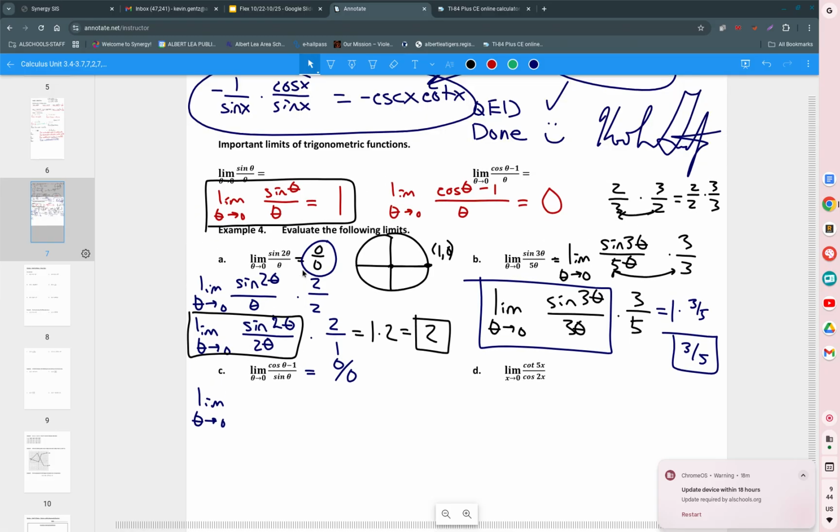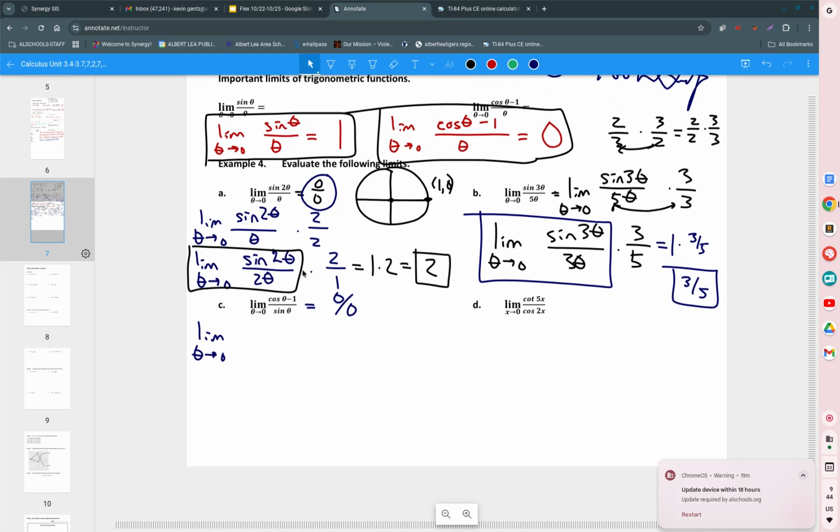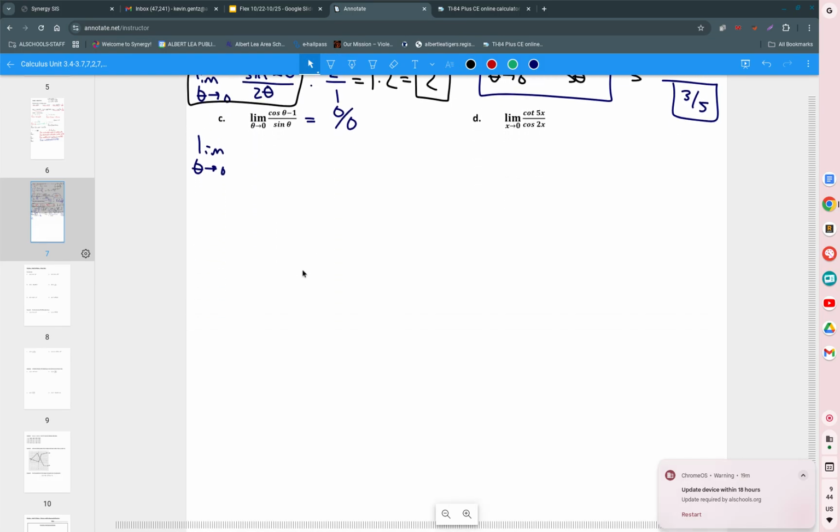Because look, in this situation, I have cosine of theta minus 1 over theta. That produces a value that I know. So I'm going to rewrite this as follows. I'm going to do a little trick here.